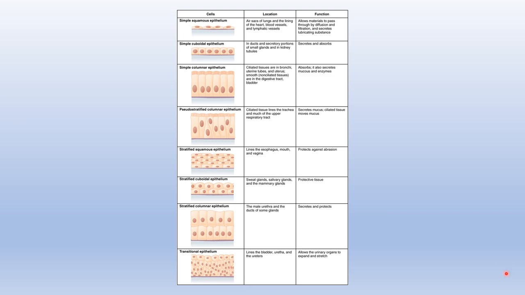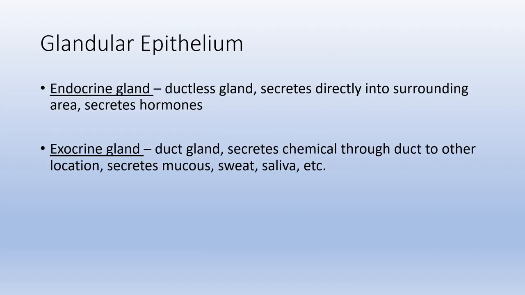However, as the bladder fills and it has to stretch, those cells of the transitional epithelial will tend to flatten out to allow more surface area. That's what's allowing the bladder to stretch and then hold more volume. So it depends on whether you're looking at the bladder empty or full as to what the cells are actually going to look like. So they transition from one shape to another.